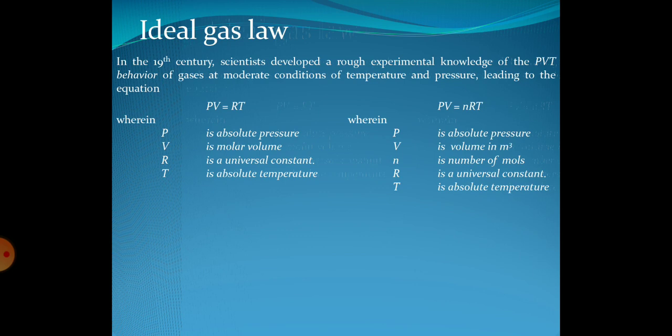And in the second equation, the molar volume is separated into the terms V for volume in meter cube, and n is the number of moles. So in both ways we can give the statement of ideal gas.